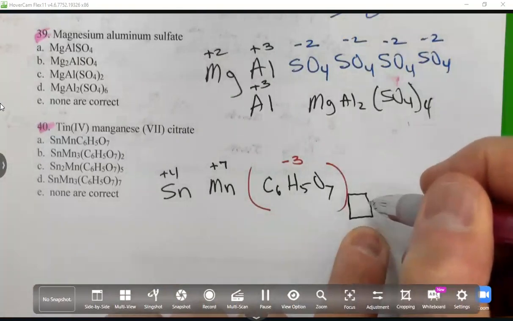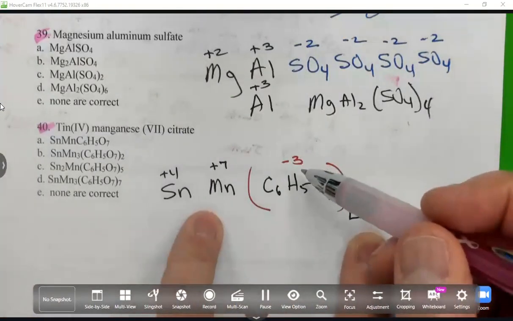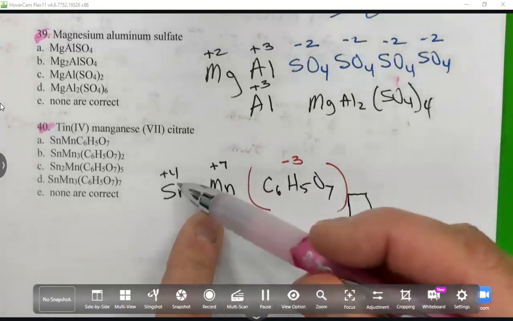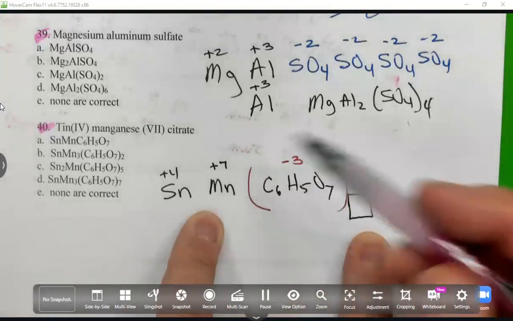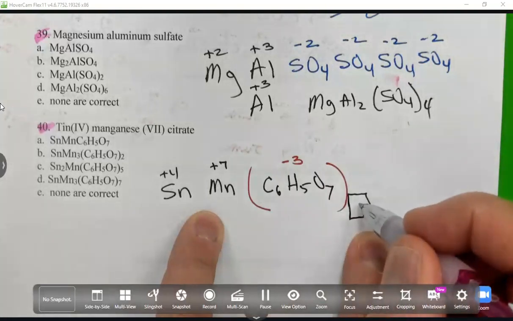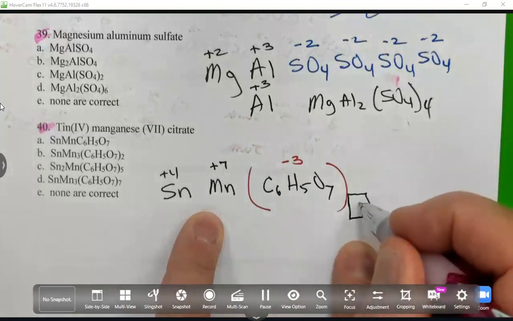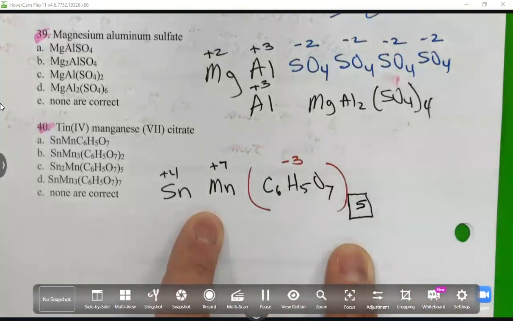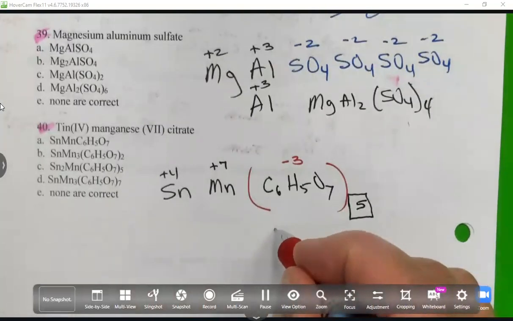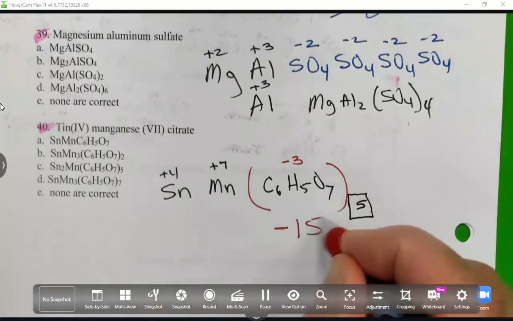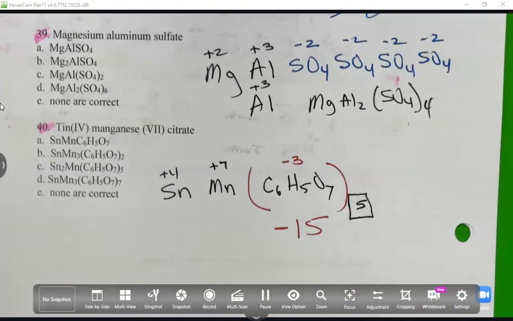So if I put a 2, that gives me -6. Well, I got to get above +11, correct? If I put a 4 in here, that gives me -12. That won't work. If I put a 5 in here, will that work? The 5 gives me negative what total? -15, right?